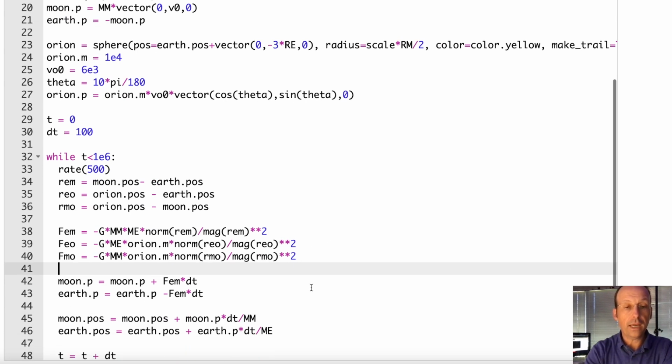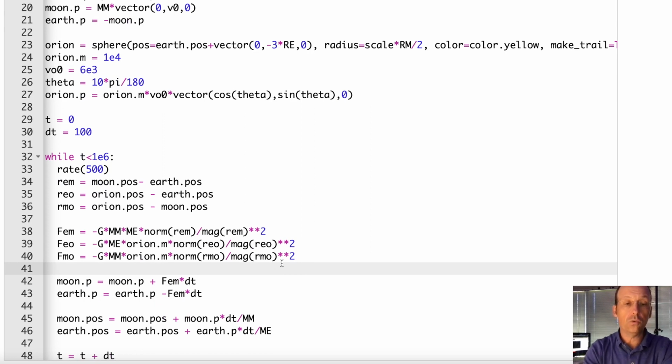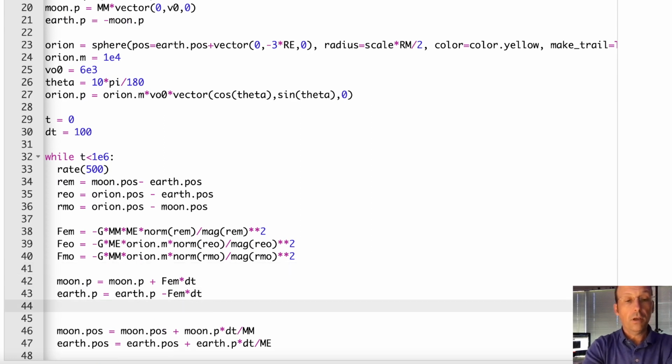Okay, so now let's just do it one step. Now I'm going to update the momentum of Orion. Orion.p equals Orion.p plus FEO plus FMO times dt. So I have to add those two forces together. That's my net force on the Orion spacecraft.